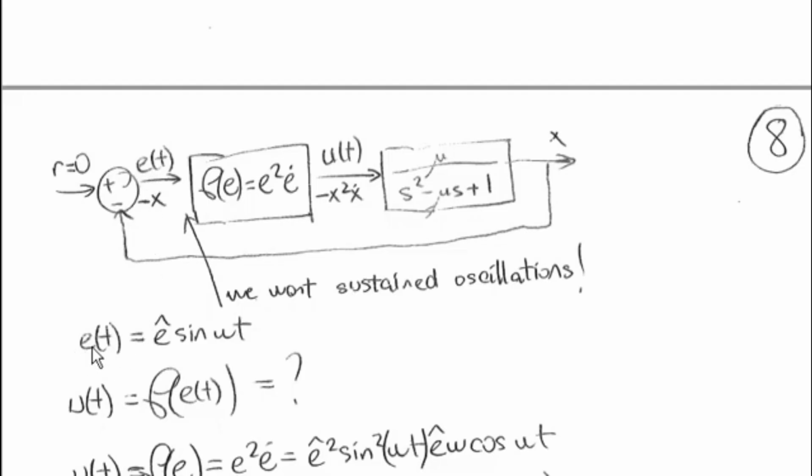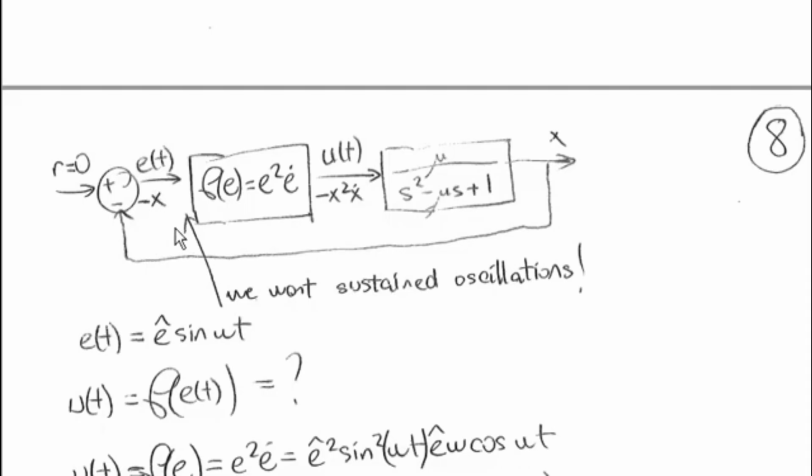So in describing function analysis, we want E of t to be an oscillatory signal, which is given as E hat times sine omega t. Then we are going to obtain sustained oscillations in this loop, which means that this sinusoidal signal is going to pass through the nonlinearity, and then it's going to pass through the linear system, and it's going to come back here in the same form as it is originally. So that means sustained oscillations for the closed loop system.